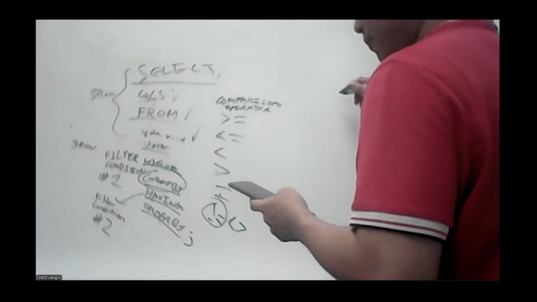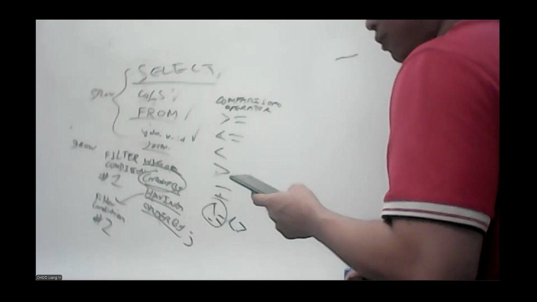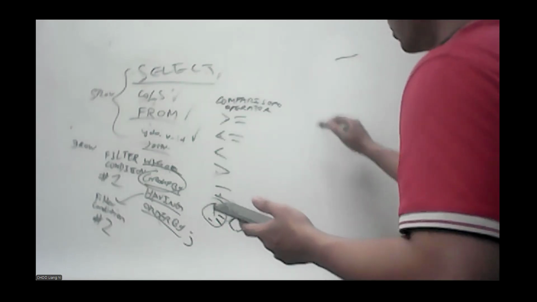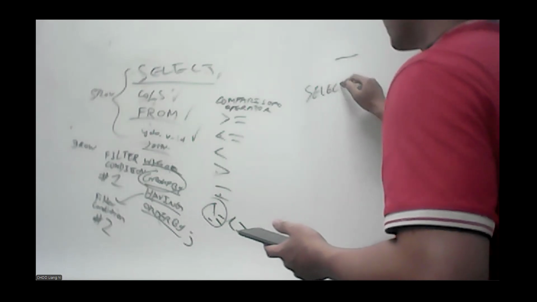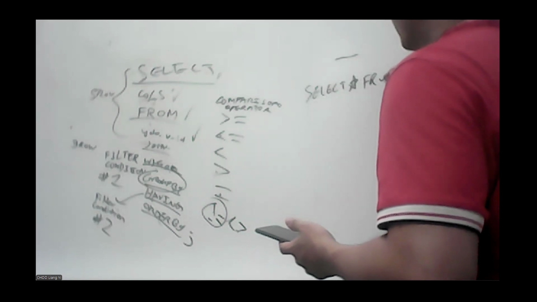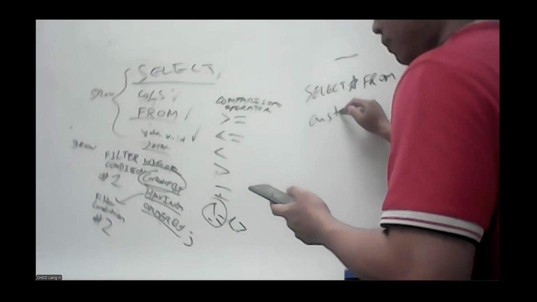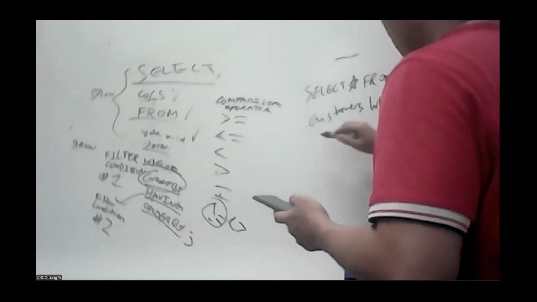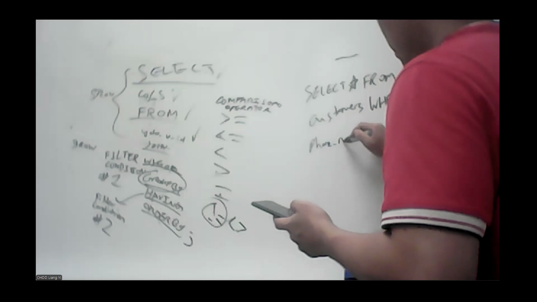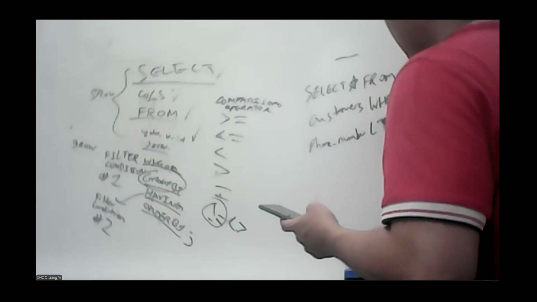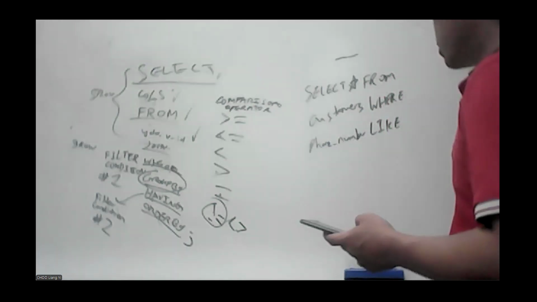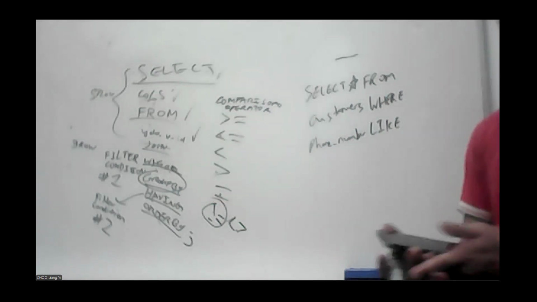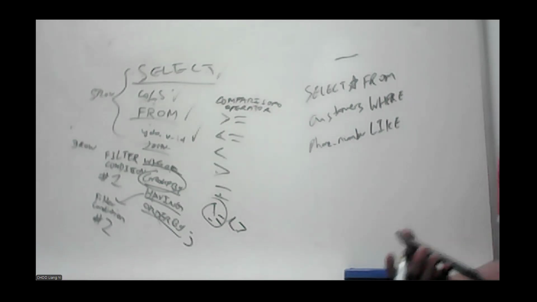So now it's this. In Singapore, most of the numbers you see are 8 digits. You can put select star from customers where phone number like. Normally, if it's a personal Singapore telephone number, it starts with 8.